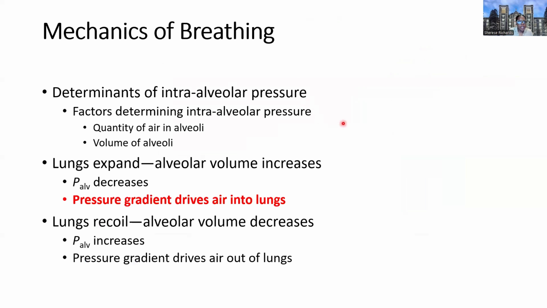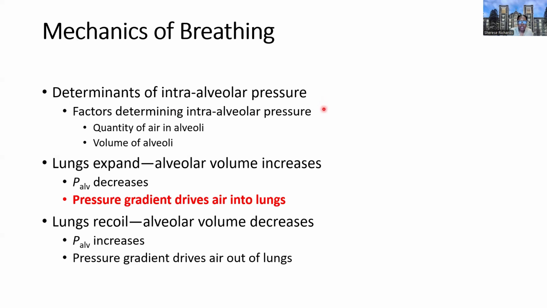Let's talk about the determinants of the intraalveolar pressure, right? We said that the intraalveolar pressure is the only pressure that's really changing or moving. Atmospheric pressure is pretty constant. And intraalveolar pressure is sort of following the change in volume.